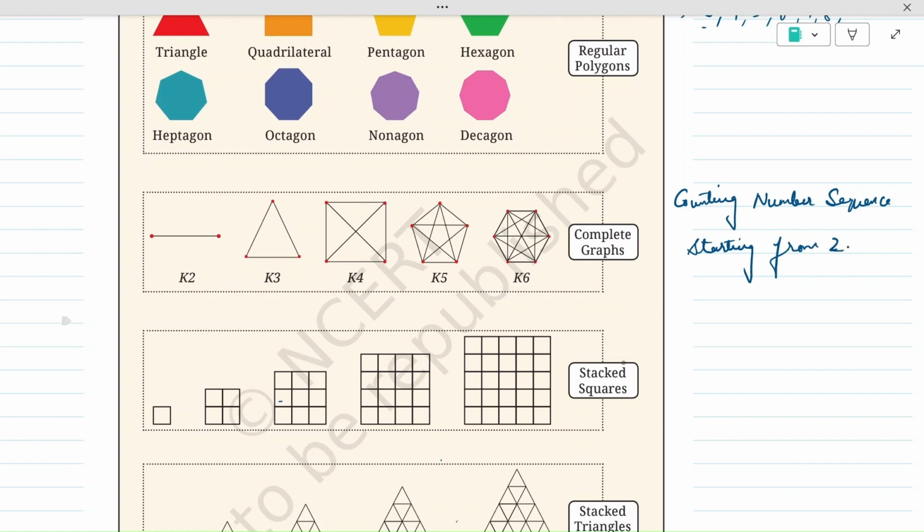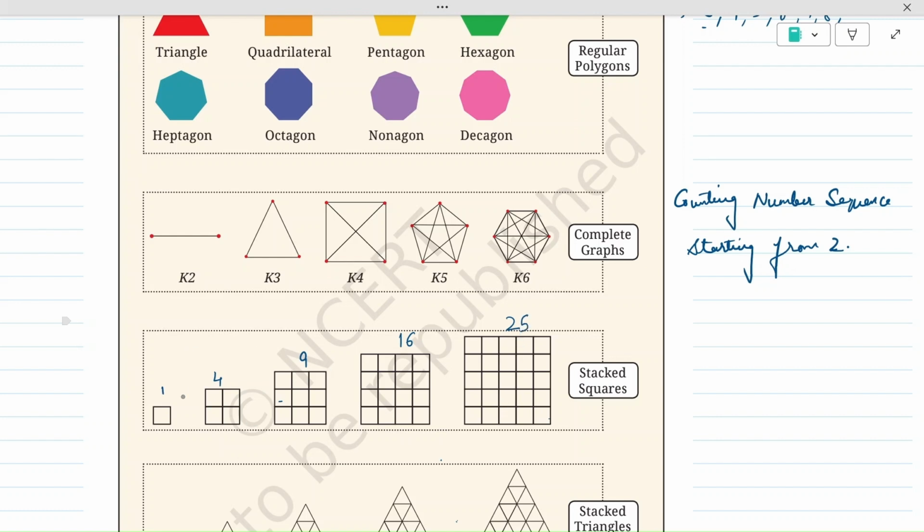For stacked square, this is 1 square, this is 1, 2, 3, 4, total 4 squares. So can I say this is 4, then 9, then 16, then 25? Right?